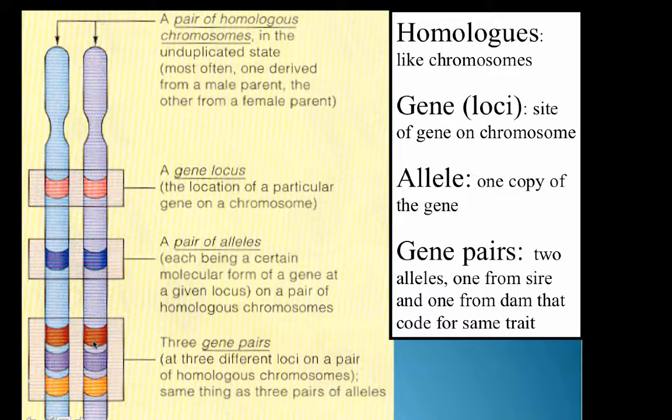So maybe the gene that mom gave us is going to be expressed, and the gene that dad gave us is going to be suppressed. So that's an allele, an alternate form of a gene. And then finally, gene pairs are where 2 alleles, one from mom and one from dad, are going to be referred to together.